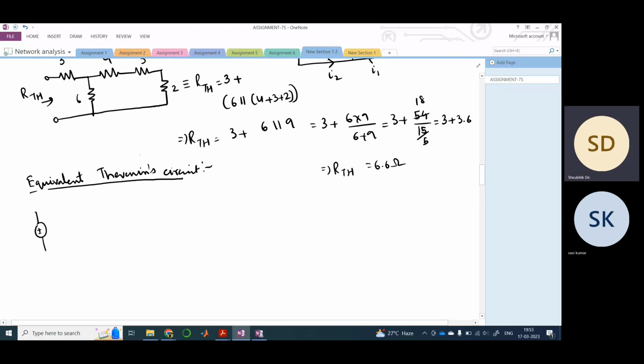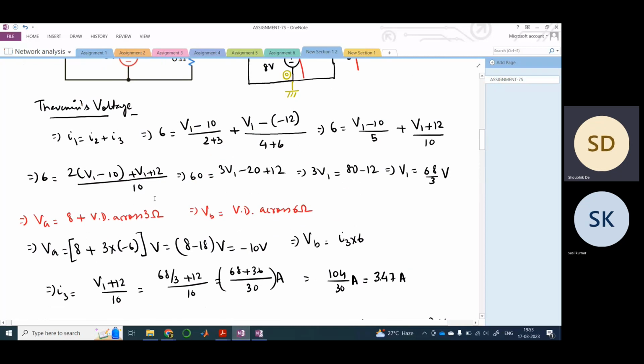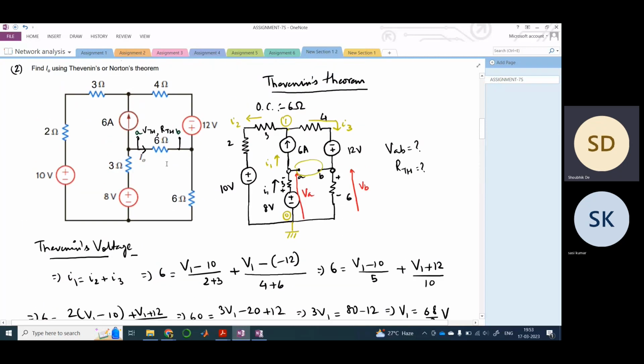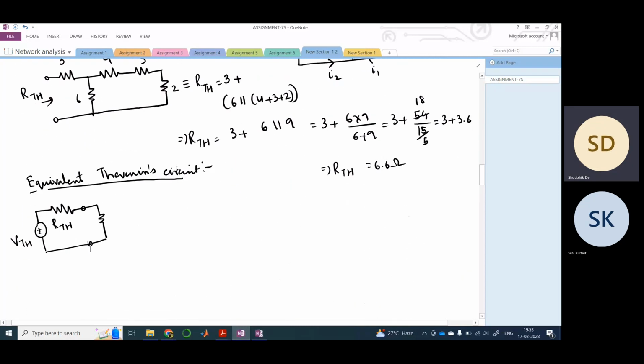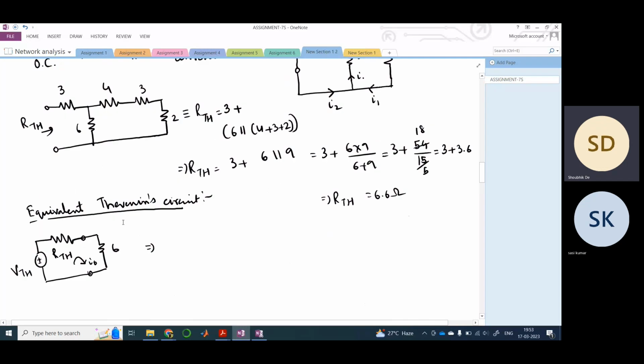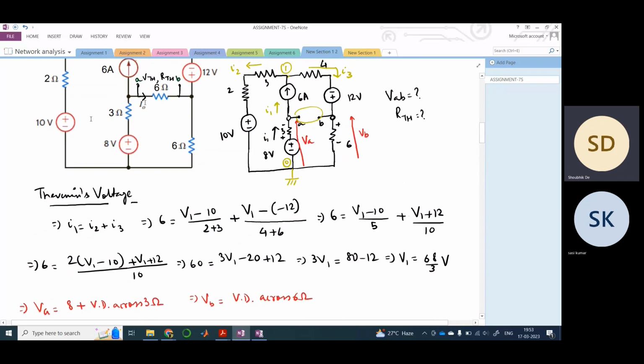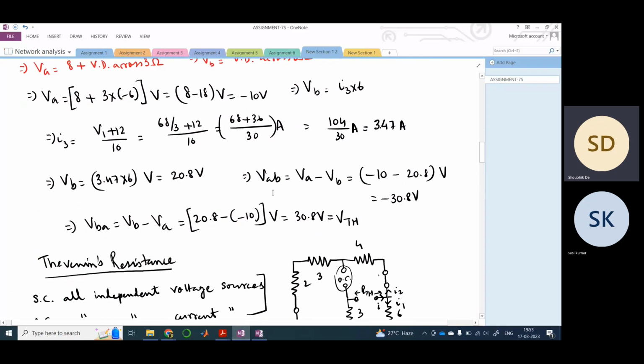This is our VTH, this is RTH, right? This is the equivalent Thevenin circuit, and through this our RL is connected, RL or whatever you may call it, 6 ohm, right? So this is our 6 ohm. So through this we had to find out I0, right? Because I0 was the current that was flowing through 6 ohm.